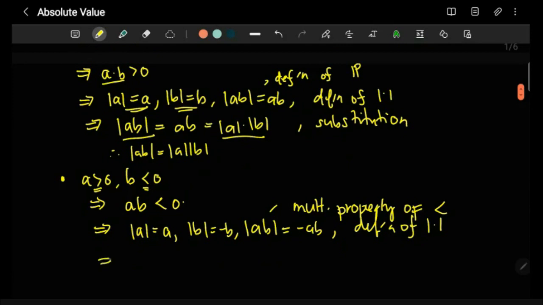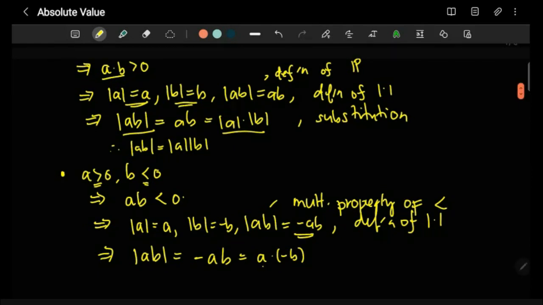Now we can evaluate the absolute value of AB. From here, that's negative A times B. But of course, we can rewrite this as A times negative B by the algebraic properties of real numbers, if you still remember our discussion about algebraic properties.